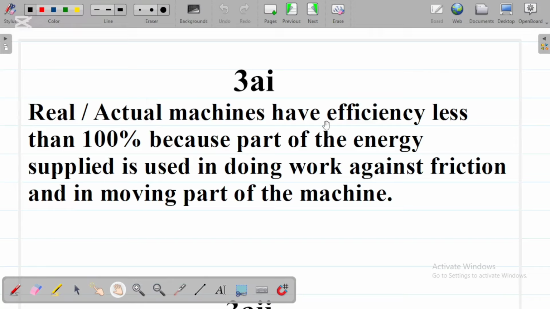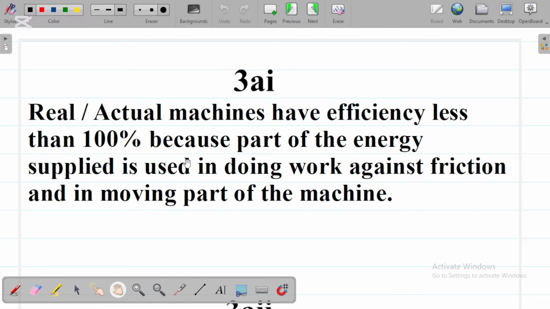Real machines have efficiency less than 100% because part of the energy supplied is used in doing work against friction and in moving parts of the machine, or in doing some other work.